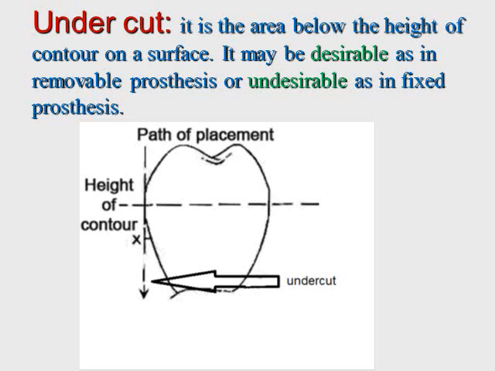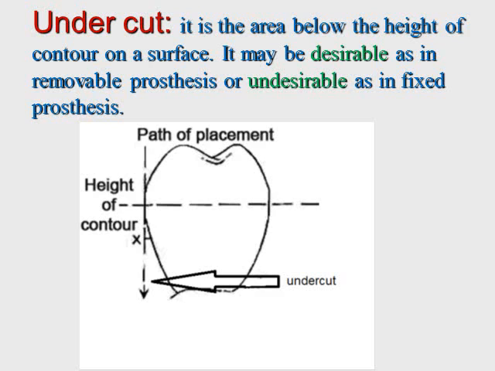But in our fixed prosthesis, this undercut is undesirable because it will not make it possible to place any crown or bridge on this tooth without removing the undercut, so we are going to prepare the crown of the tooth without making the surfaces contain any undercut area.